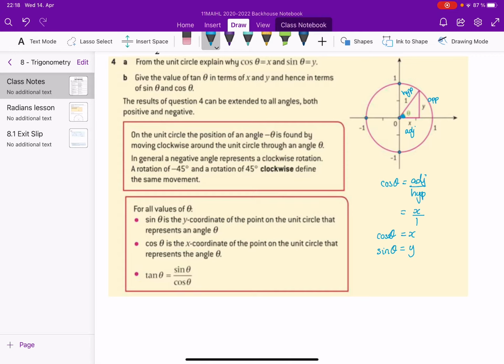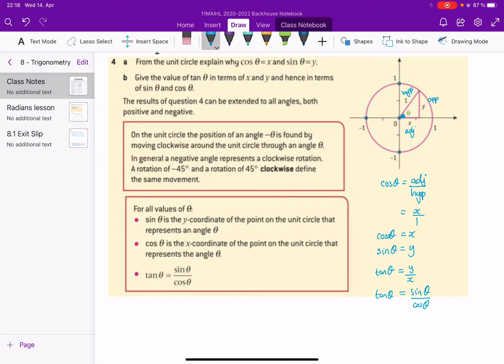Part B, give the value of tan theta. Well, tan we know is the opposite divided by the adjacent. So in our triangle, that's y divided by x. And if we use the results from part A, that means tan theta is y, which was sine theta, over x, which is cos theta.